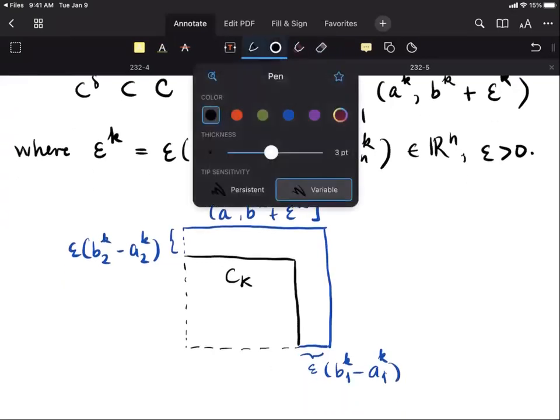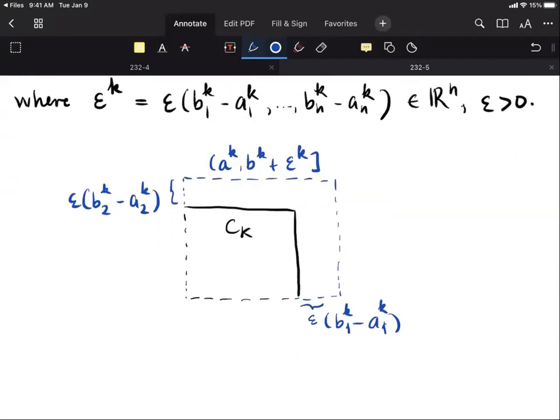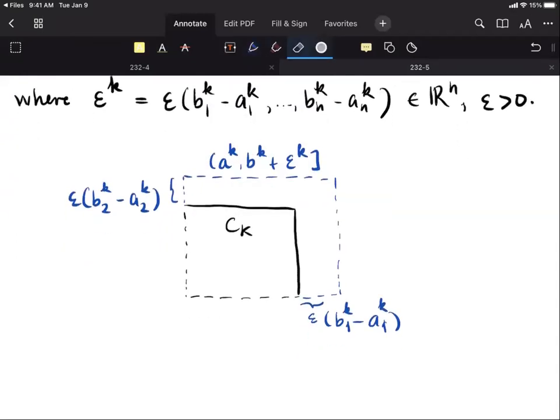So this figure here, the boundary should not be included. So let us fix that one. Okay, so that would be our open cell that would contain C sub k.